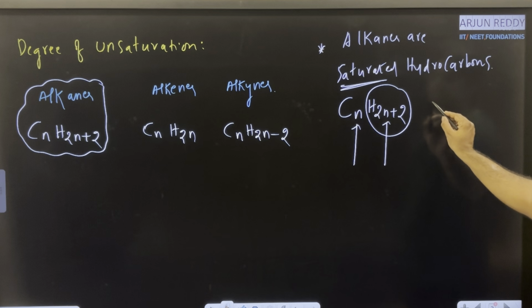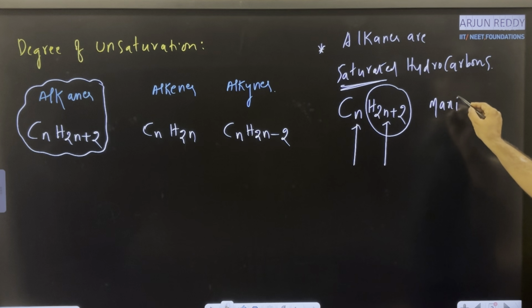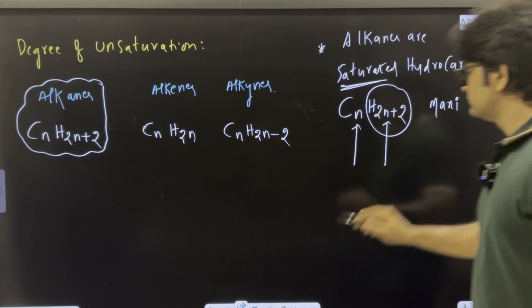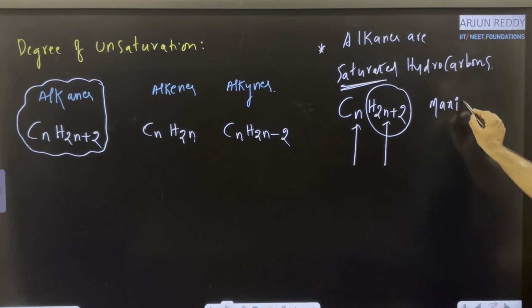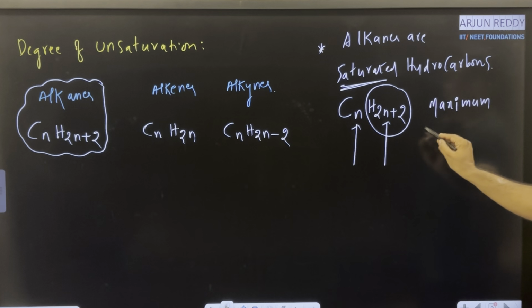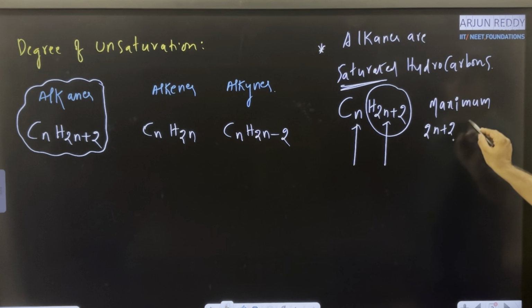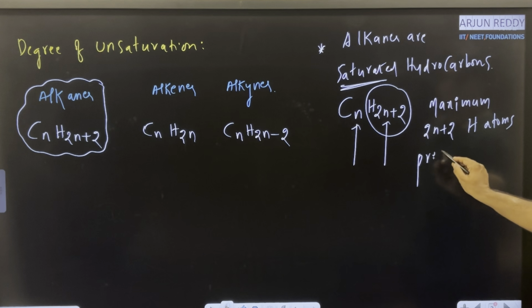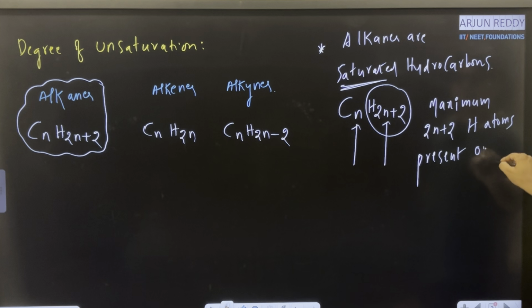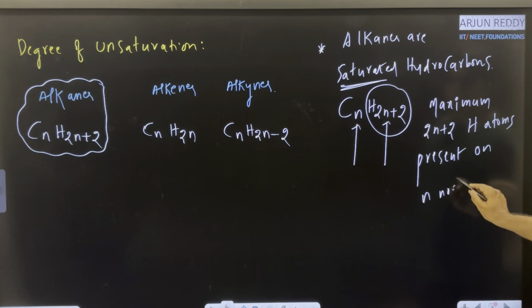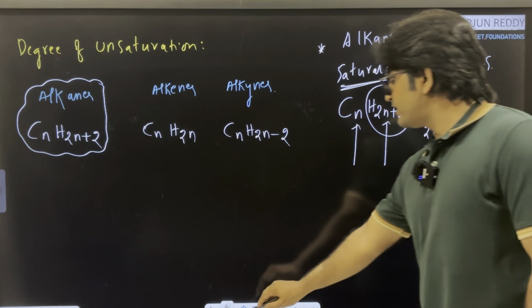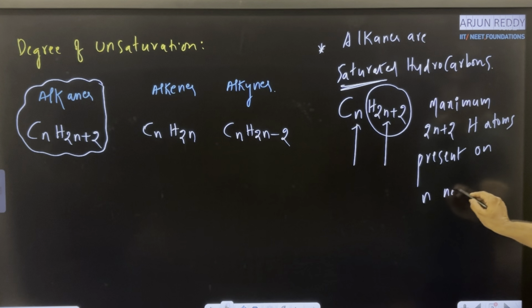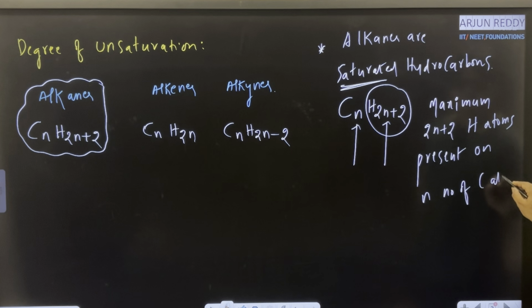Same point I am writing: maximum 2n plus 2 hydrogen atoms present on n number of carbon atoms.